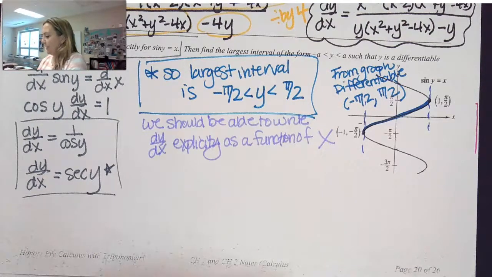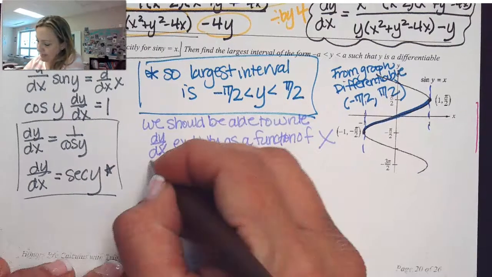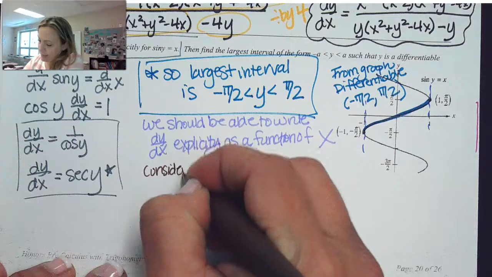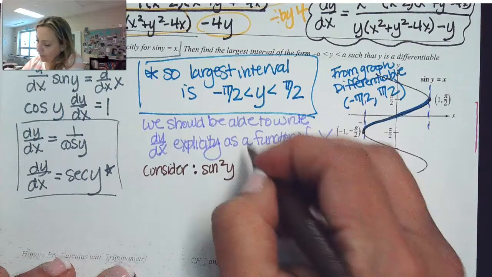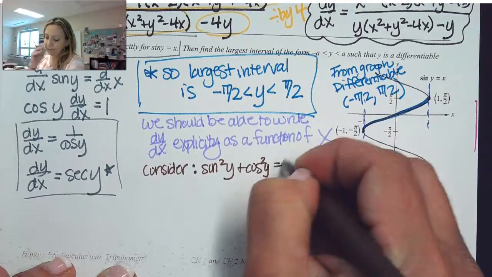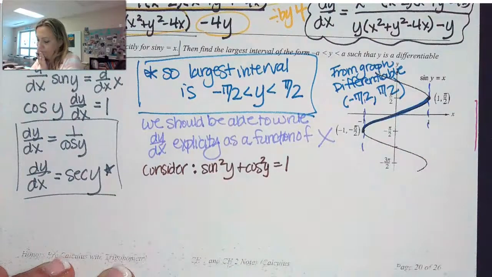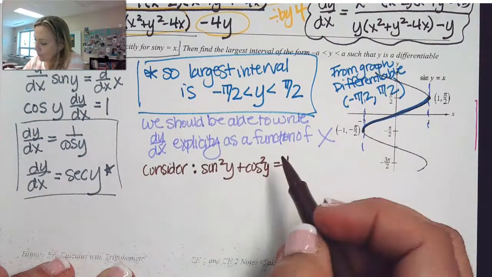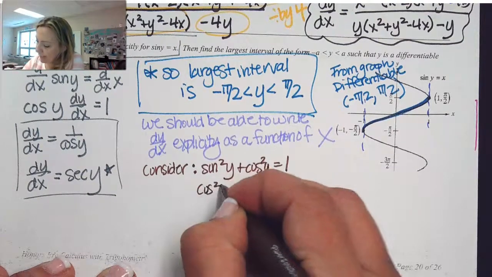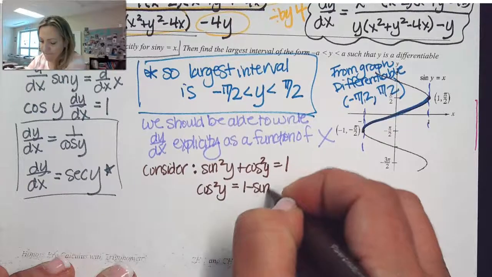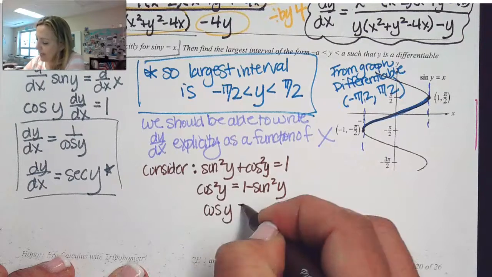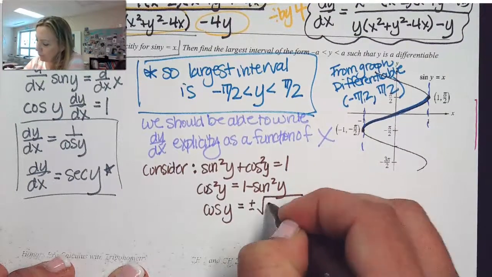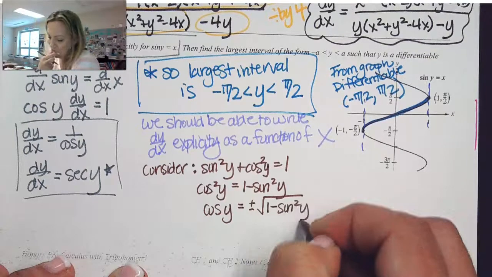Let's consider the Pythagorean identity: the sine squared of y plus the cosine squared of y equals 1. And we know that cosine squared y equals 1 minus sine squared y. So I can take the square root, and cosine y could be plus or minus the square root of 1 minus sine squared y.